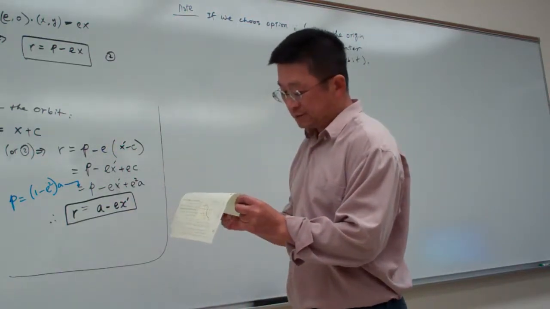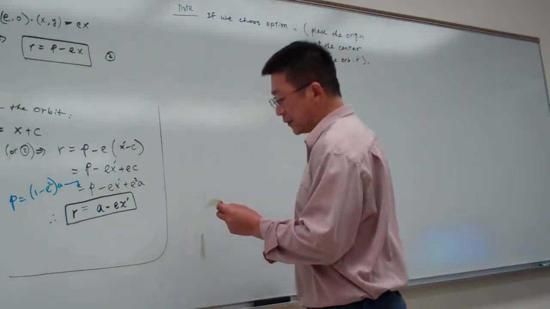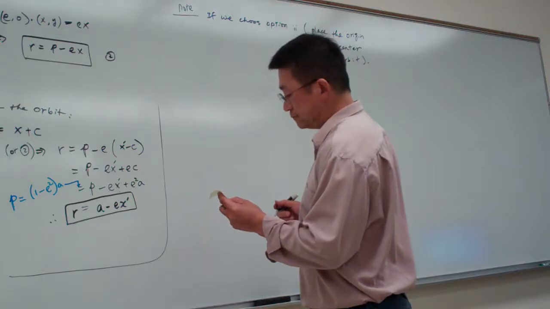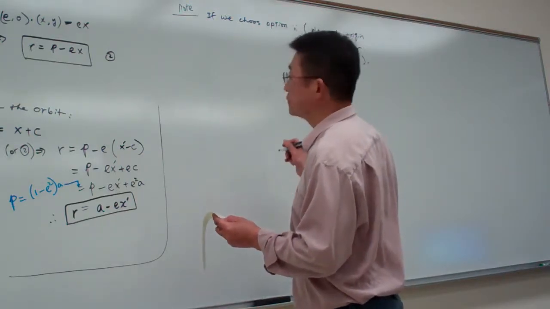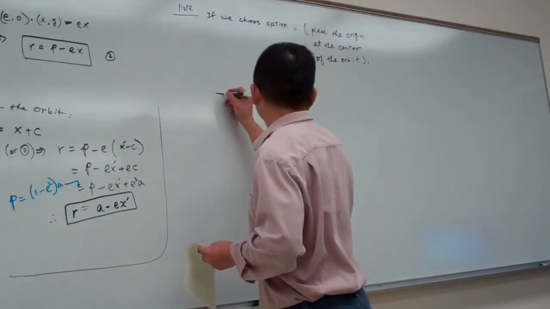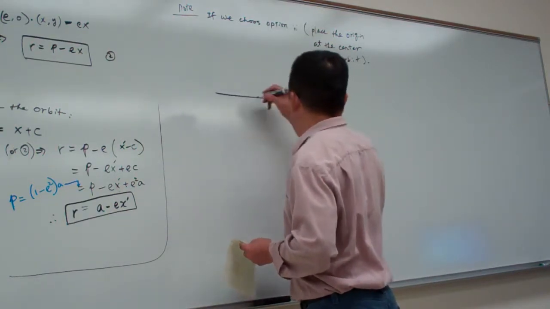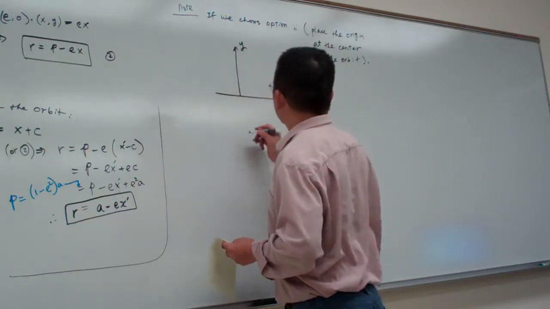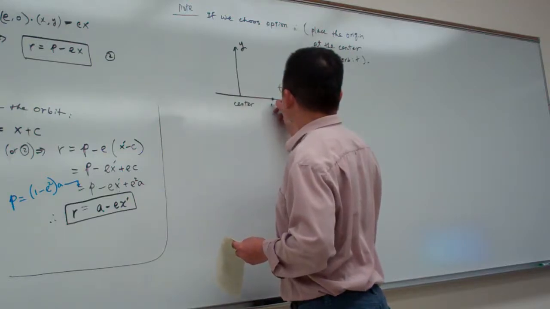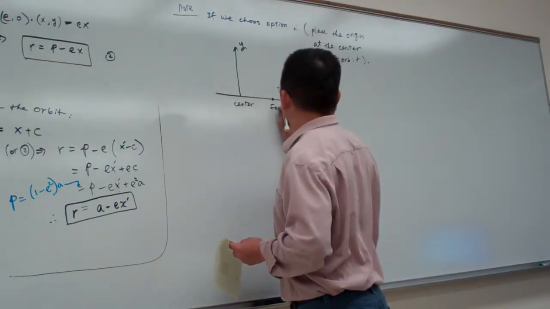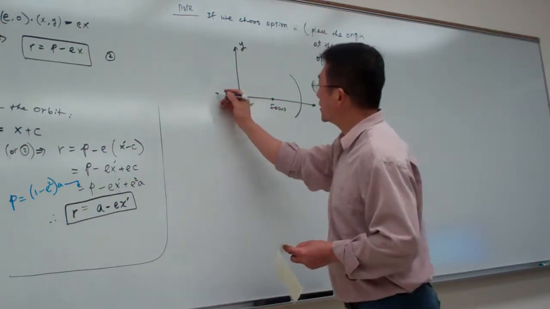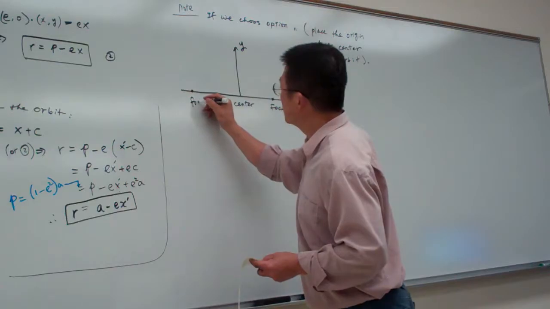Okay, then we see, this is the center of the orbit, and this is one focus, and this is another focus.